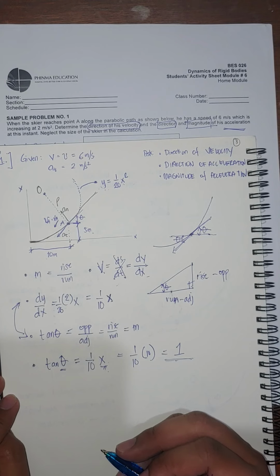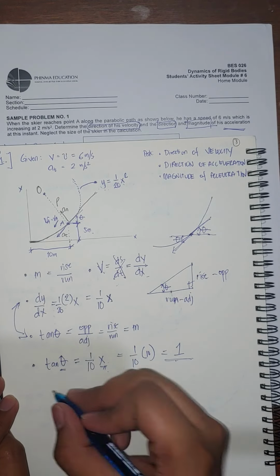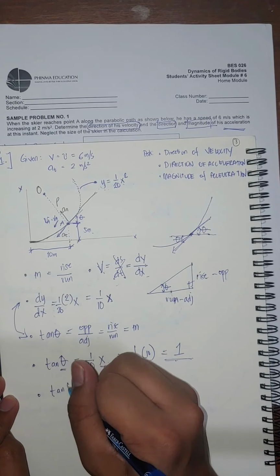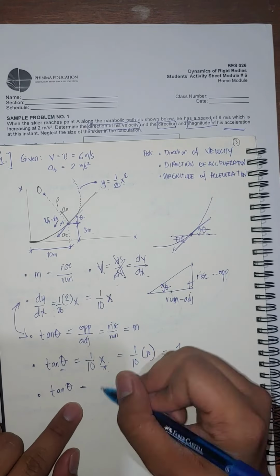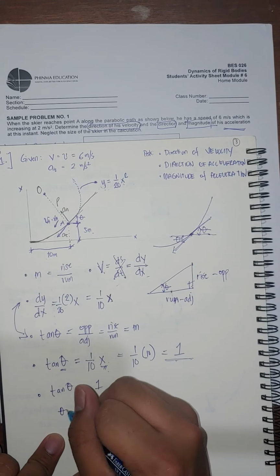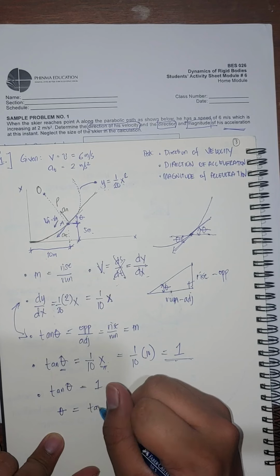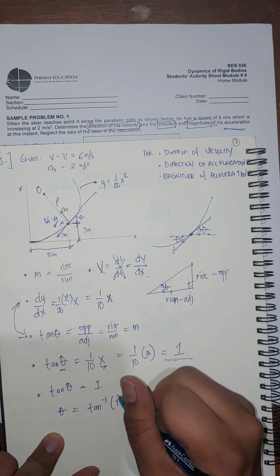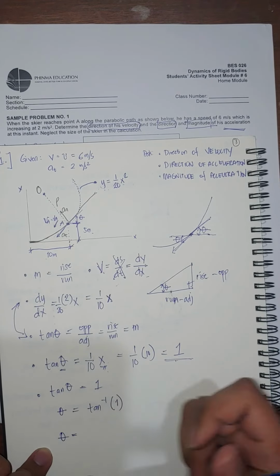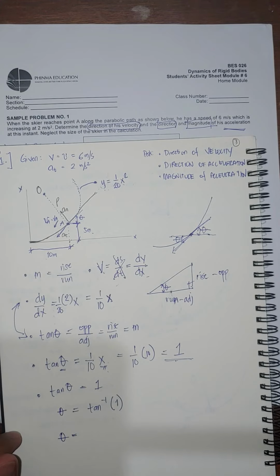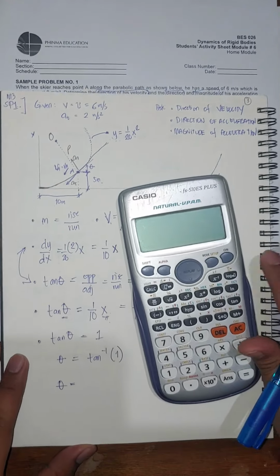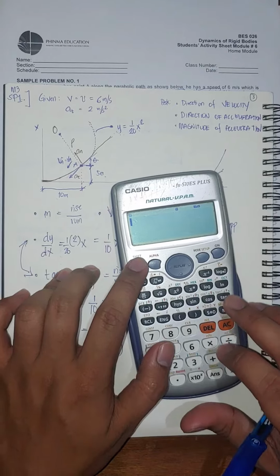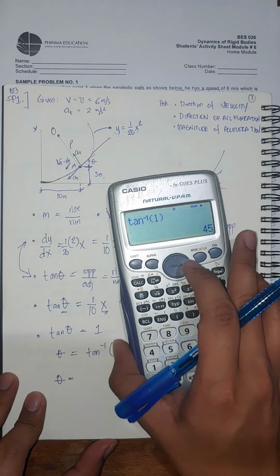And then now we can solve for theta in degrees. So tangent theta equals 1. Then the inverse, tangent inverse of 1. So theta, or the direction of the velocity, is tangent inverse of 1, that is equal to 45 degrees.